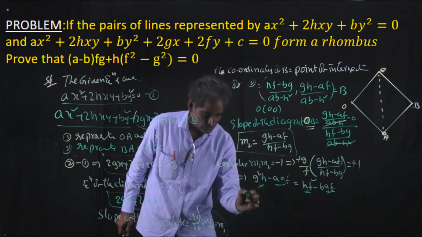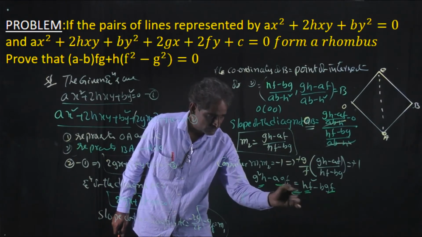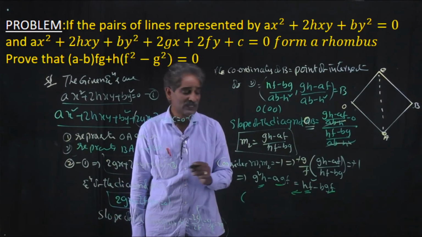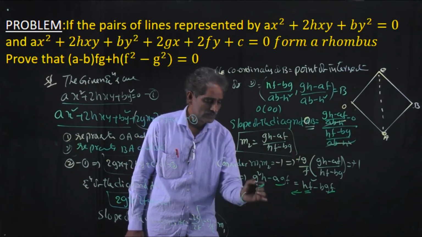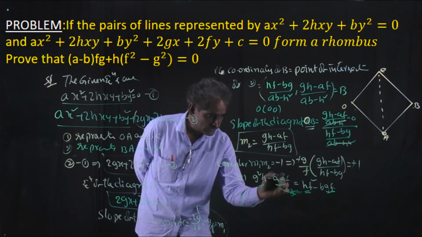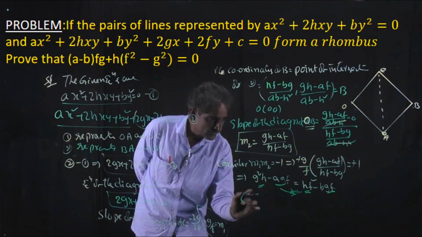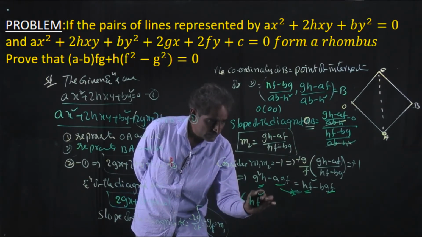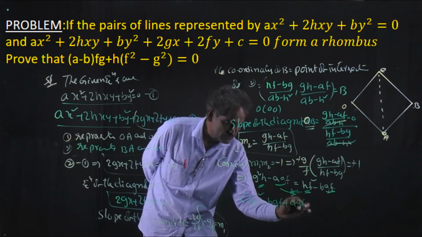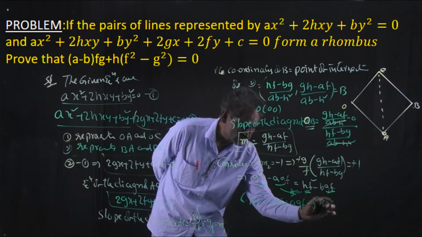Just bring from right to left, G square. Here, just observe that A minus B into FG is the required term. Just bring the left hand terms to the right side. Then we will get HF square minus BG into F plus AG into F minus G square H equal to 0.